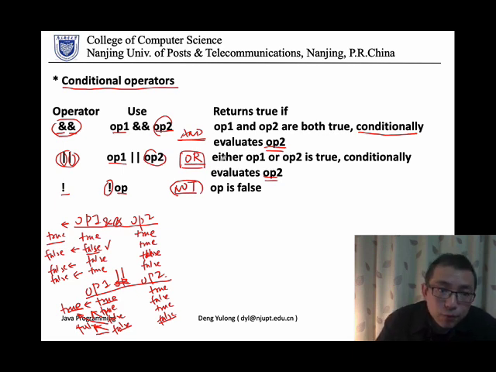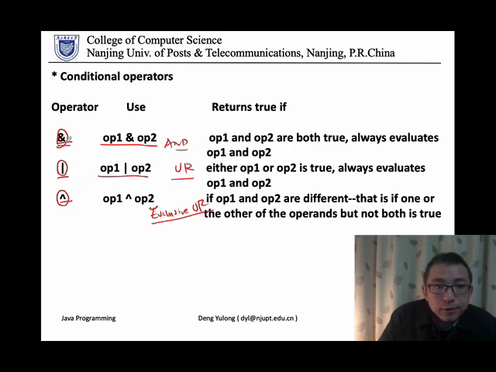Okay? And if we only use one sign, a single ampersand or a single bar, we do the AND operation or the OR operation. That means whether the first operand and the second operand are both true or false, we always evaluate them, whether the first operand is true or false.